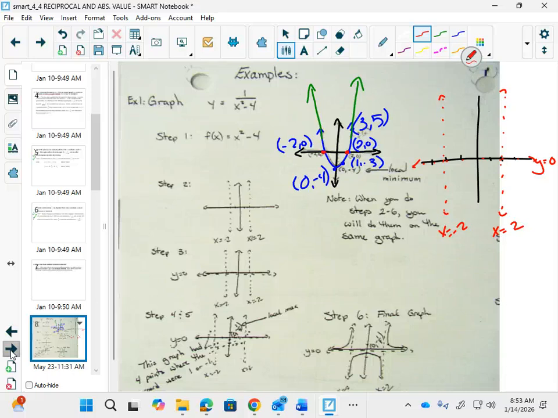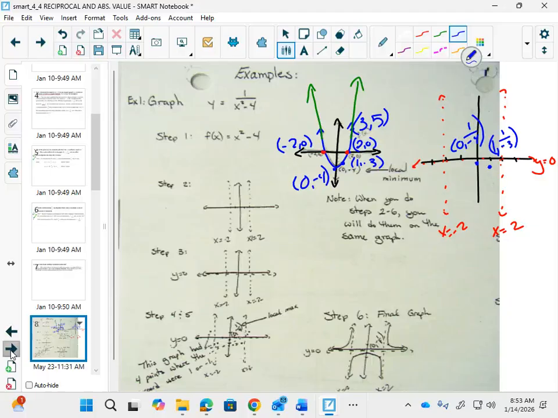Next, just do nice points. In other words, what's going to happen to 0, -4? It's going to change to 0, 1 over -4. What's going to happen to 1, -3? It's going to change to 1, 1 over -3.